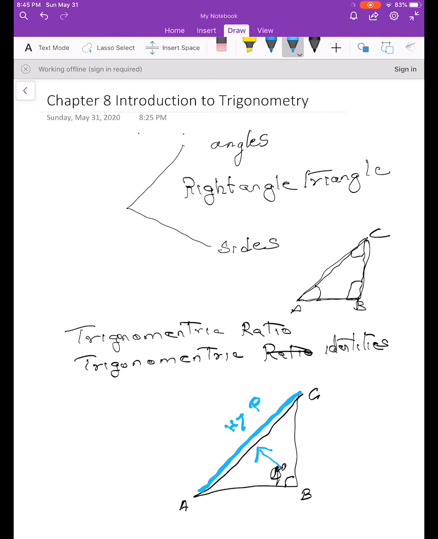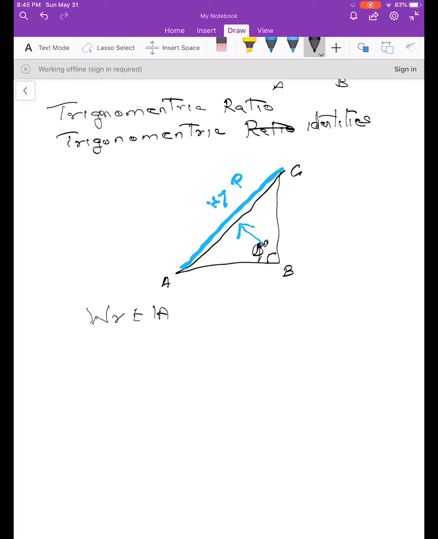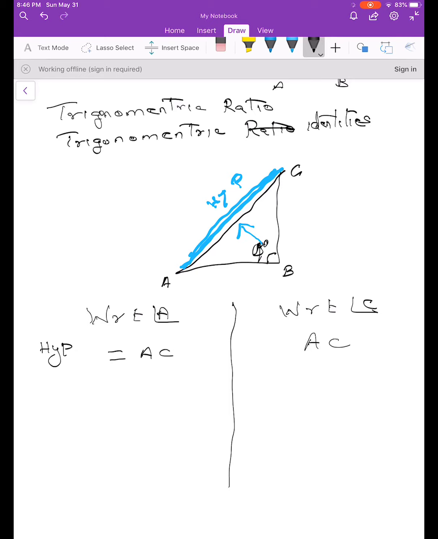The other sides, opposite and adjacent, we can write with respect to both angle A and angle C. The hypotenuse is the same in both cases, because AC is the side opposite to angle B, but the opposite and adjacent will change.